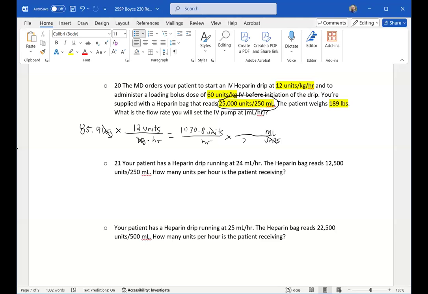So I'm going to put the 25,000 with the units and the 250 with the ml. And then I'm going to get an answer of 10.308 ml per hour. And we're going to round that to 10.3 ml per hour.